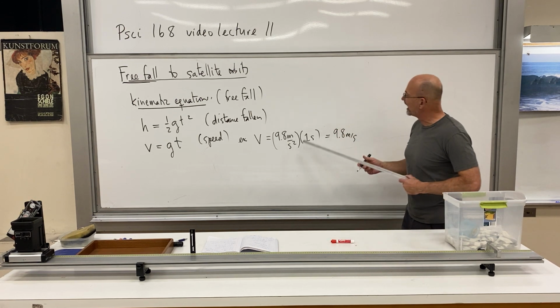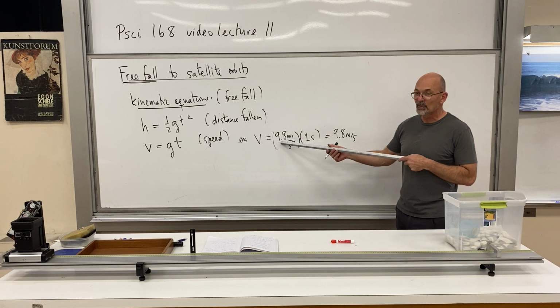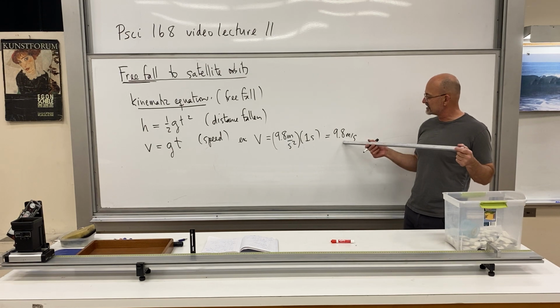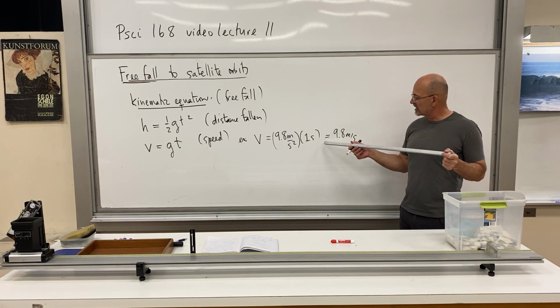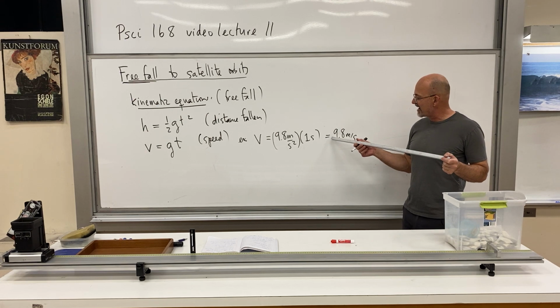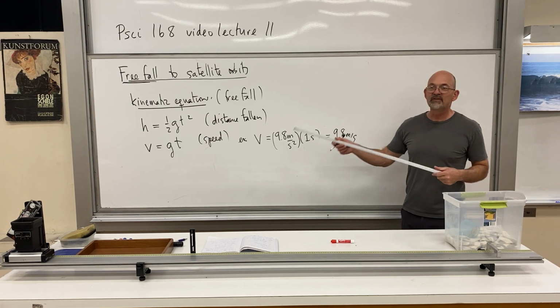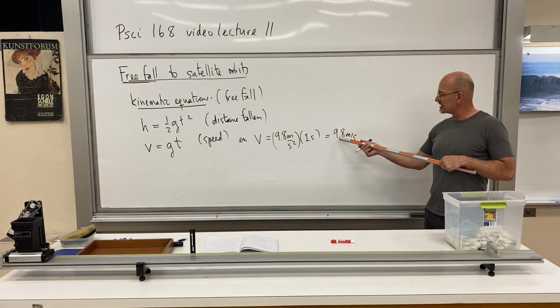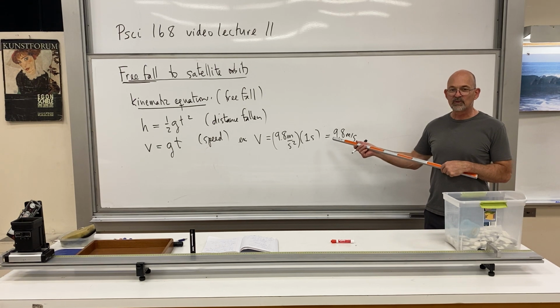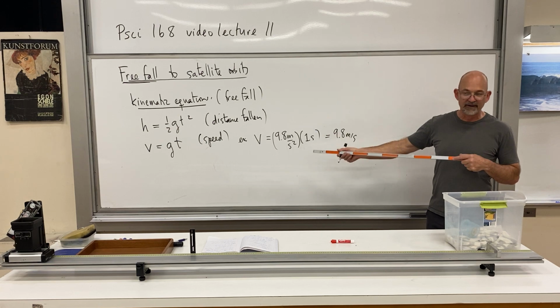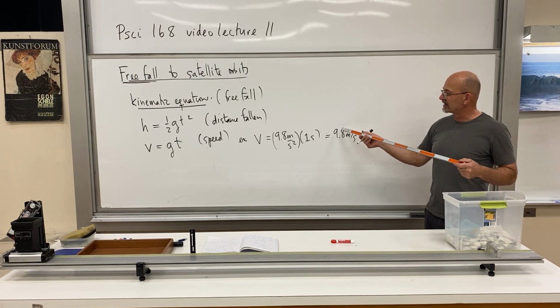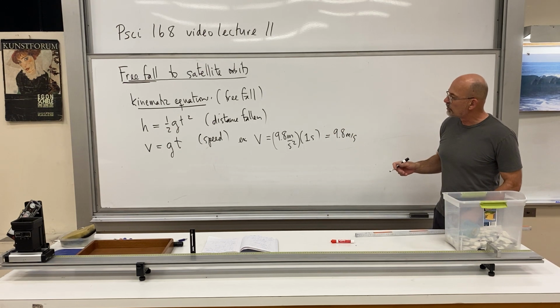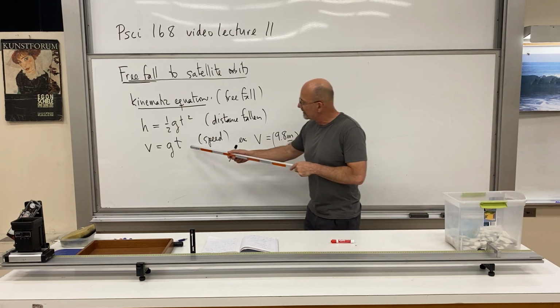Notice this 9.8 is not the same thing as the one here. This is an acceleration, this is a speed, but it's a good point to make because after 1 second of free fall, the object is moving at roughly 10 meters per second, which is as fast as a man can run. So that gives you an idea of that. Now what we can do is plug one of these into the other.